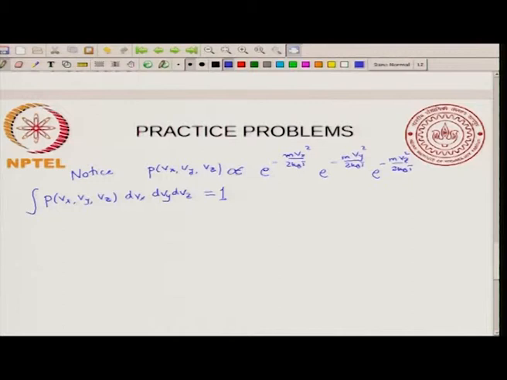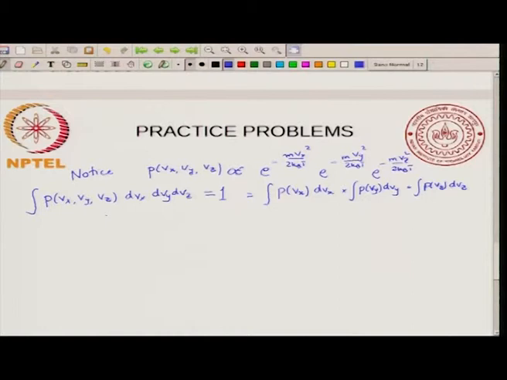Because this factors into 3 factors, I can write this as the integral of P of Vx dVx, into the integral of P of Vy dVy, into the integral of P of Vz dVz. I am going to insist that each of these is equal to 1, normalizing each of these distributions separately.